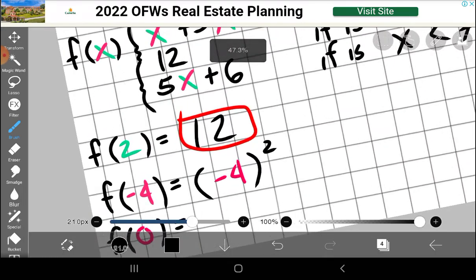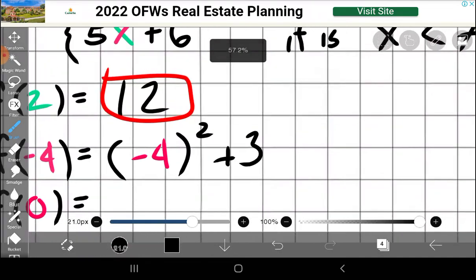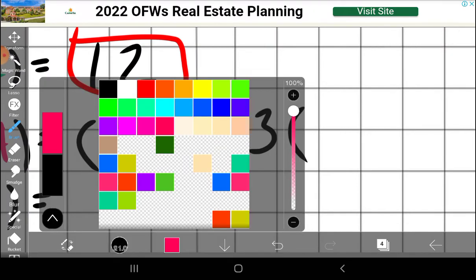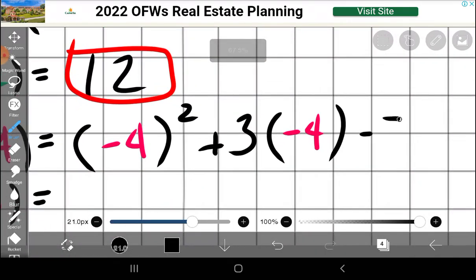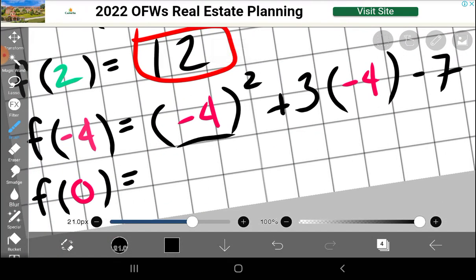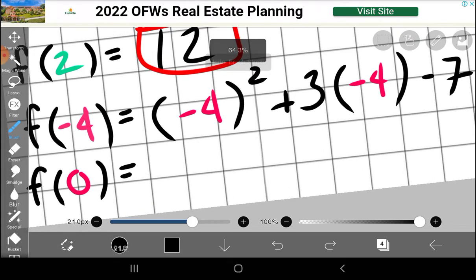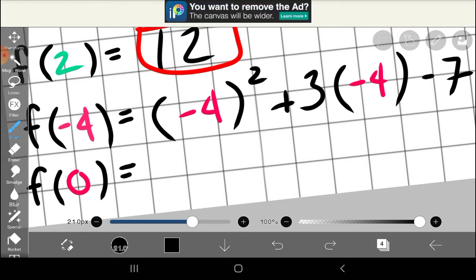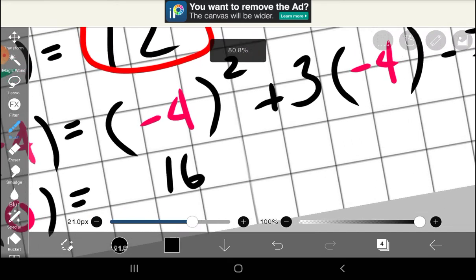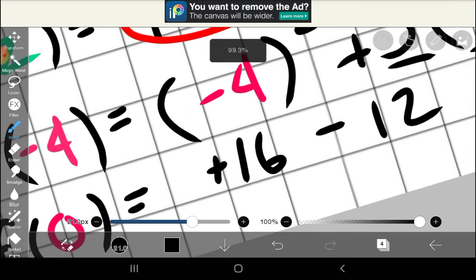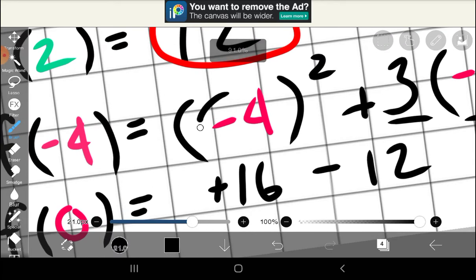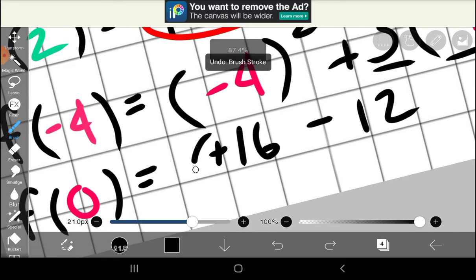Squared positive 3. So si x, papalitan natin ng negative 4 plus negative 7. So 4 times 4 is 16. 3 times 4 is 12. This will be positive because negative times negative is positive.